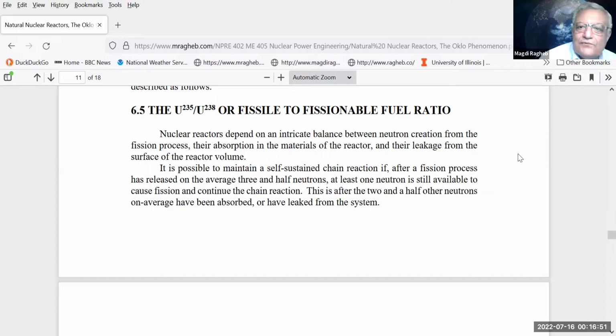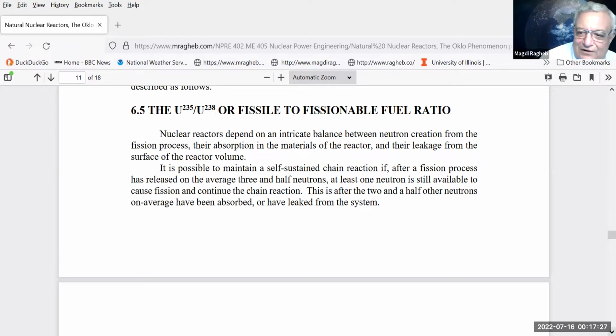And a most important factor in terms of the Oklo phenomenon was that the enrichment of uranium-235 2 billion years ago, before present, was higher than what we have today. Today, the enrichment of uranium-235 in uranium is only 0.72%, or we have 1 atom of uranium-235 per 140 atoms of uranium. But 2 billion years ago, that uranium-235 enrichment was higher.